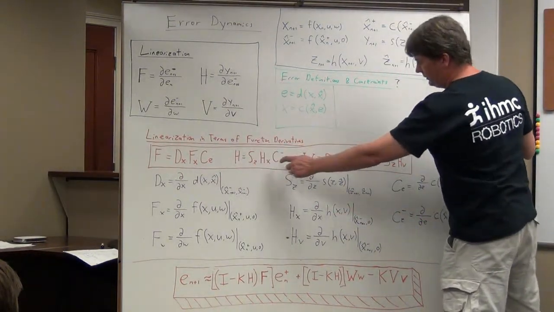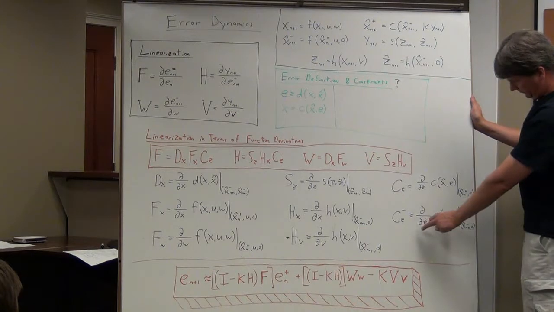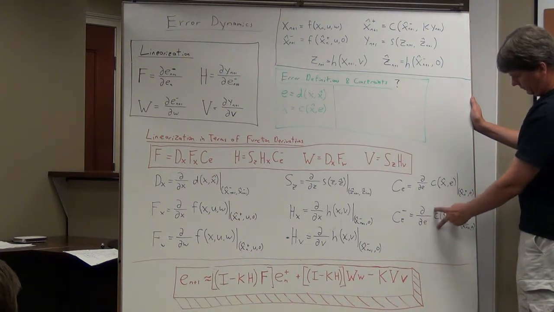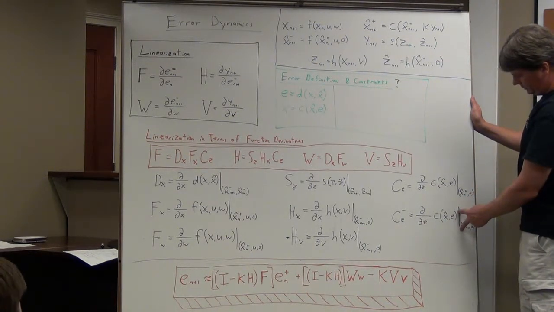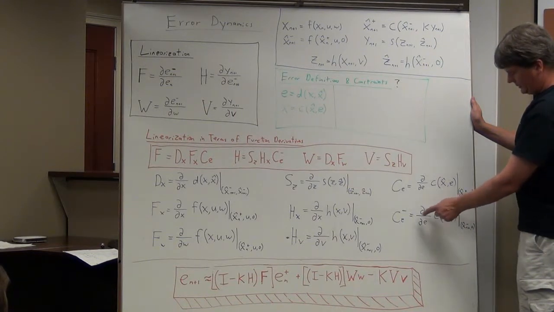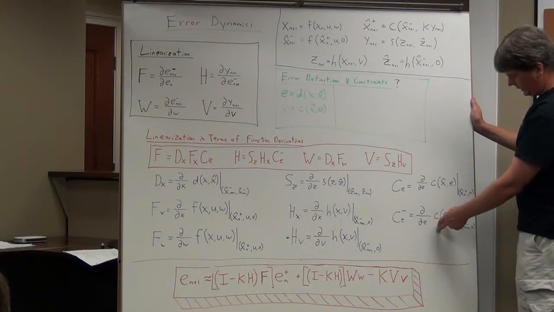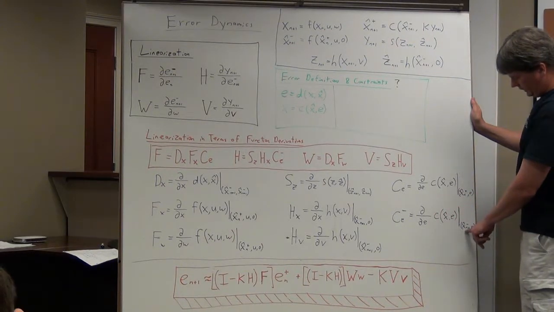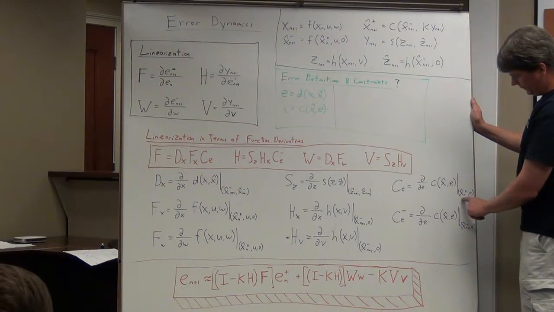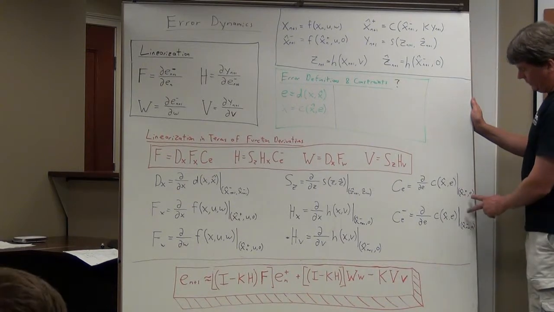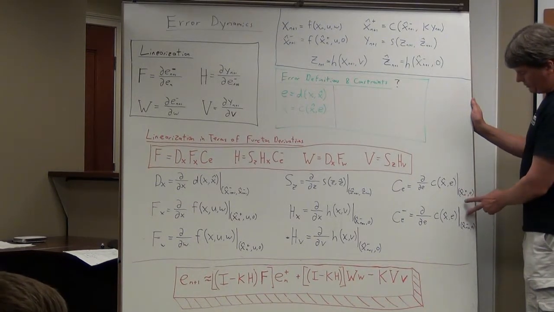But in the big H matrix, we actually have a slightly different thing. It's the same function being differentiated partially with respect to its second parameter. But once you take that derivative, you put in x hat n plus 1 minus instead of x hat n plus. And there, it probably wouldn't matter in code, and I'm sure we don't do it.